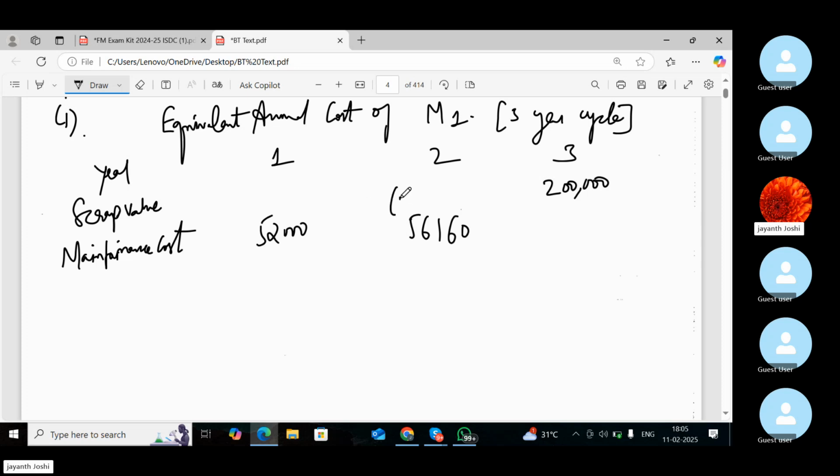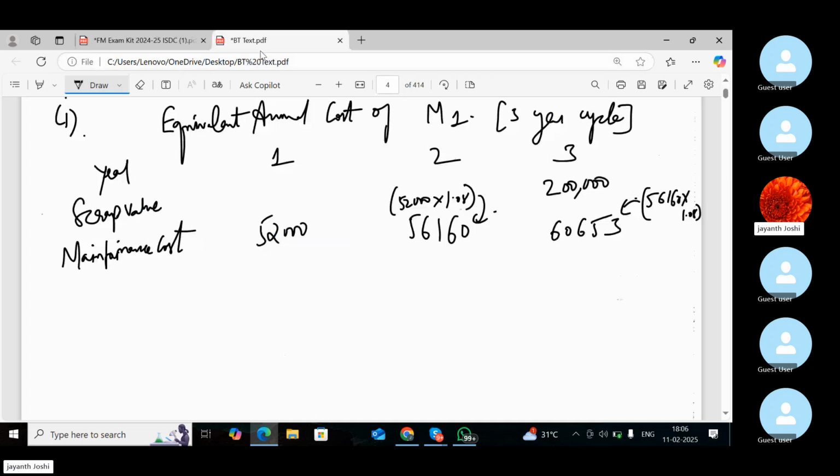That is how I got this: 52,000 into 1.08. And 56,160 into 1.08 again gives 60,653. Or else you can do 52,000 into 1.08 squared. I took 56,160 directly into 1.08. So the maintenance cost adjustment is done.